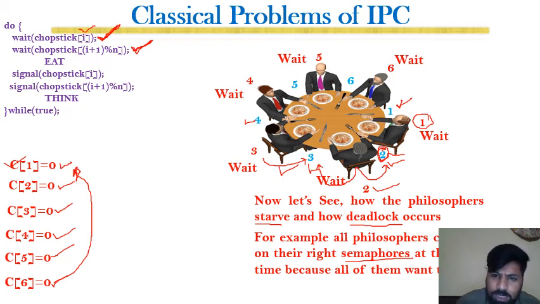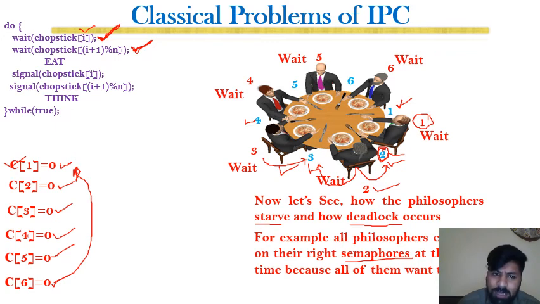Then we proposed solutions in different forms, that is binary semaphore, and then counting semaphore, and similarly we discussed some other standard algorithms like Bakery algorithm, Dekker algorithm, Peterson algorithm, and eventually we discussed classical problems of IPC, that is reader writer problem, producer consumer problem, and finally today we actually end this chapter with the dining philosopher problem.